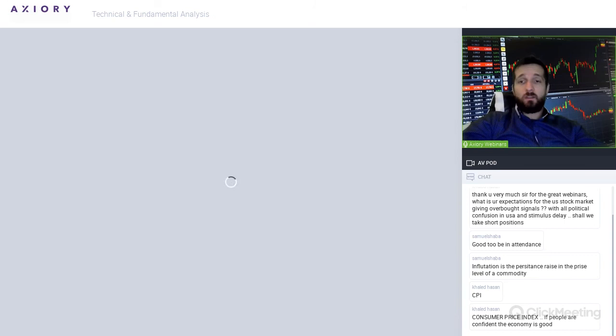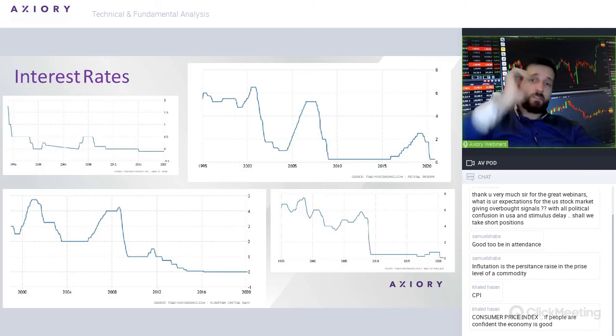So I wanted to talk about interest rates because interest rates are the key for the currencies, and we are here to discuss the forex market. And interest rates are close to the all-time lows on most of the currencies.